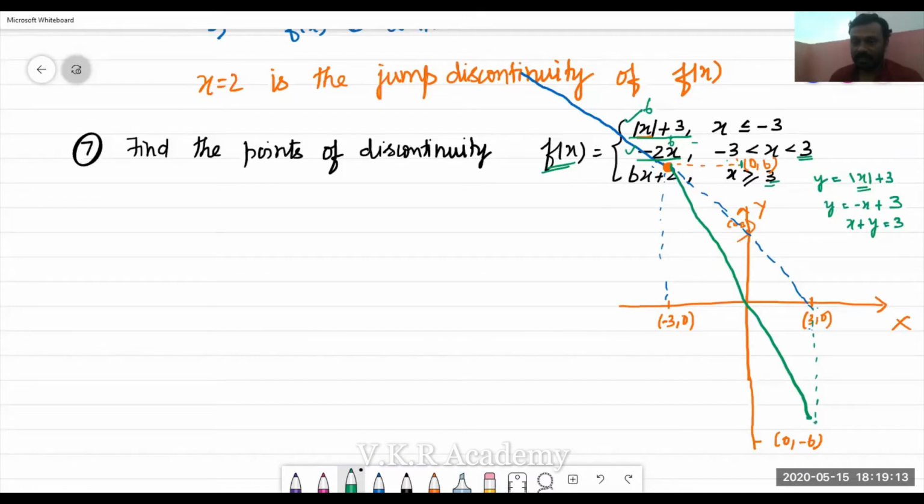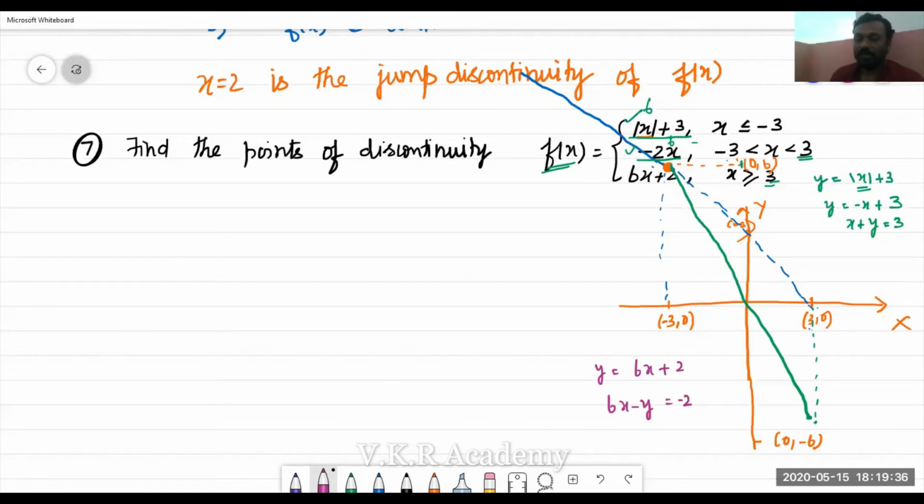Now when x is greater than 3, that is this part, we will get y is equal to 6x plus 2. So we have 6x minus y equal to minus 2.